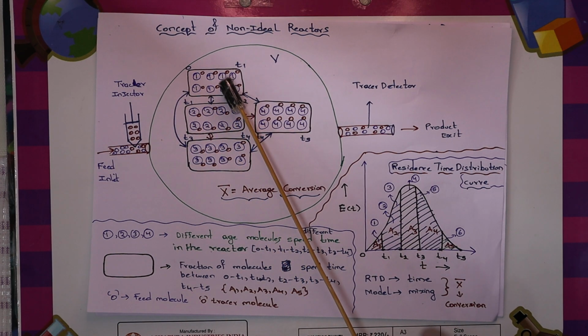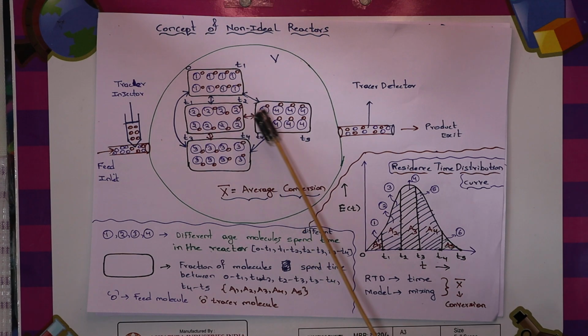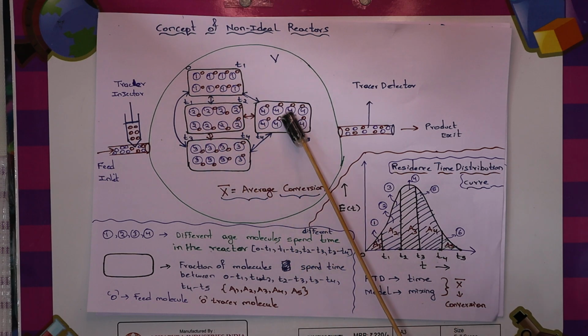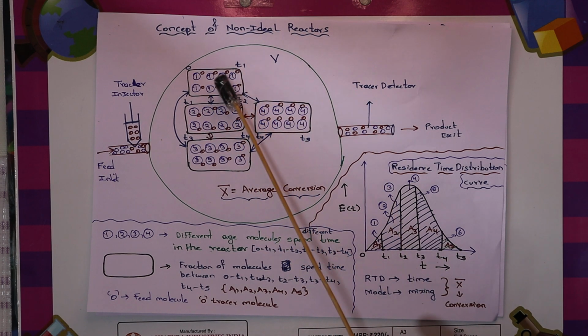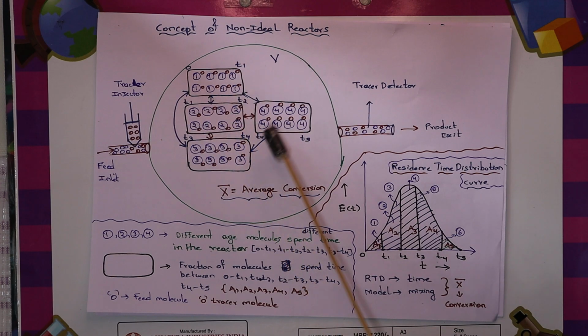That means an age 1 molecule can interact with age 2, age 3 and age 4. Similarly, age 2 molecules can interact with age 1, age 3, age 4. Before it exits between the time 0 to T1 from the reactor, it is going to interact with other fractions. If it starts interacting, the conversions will be different.